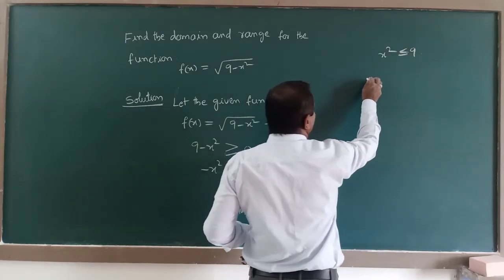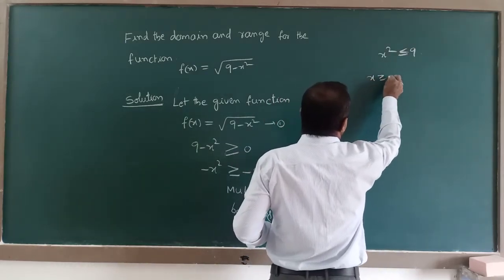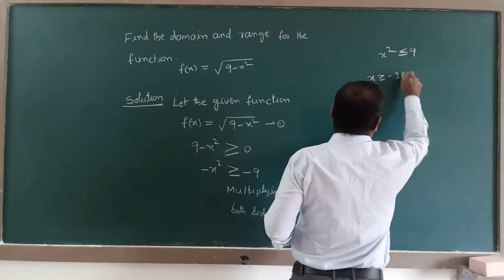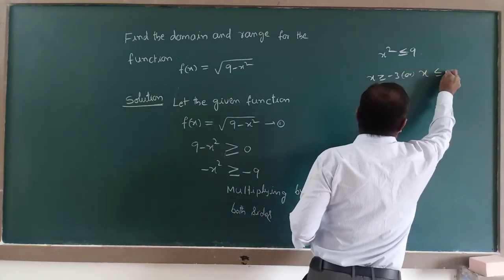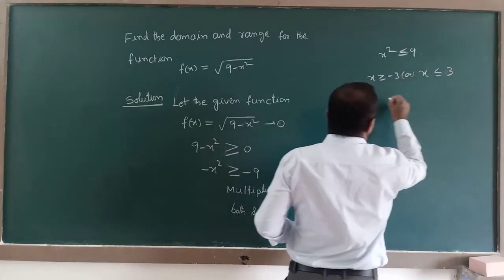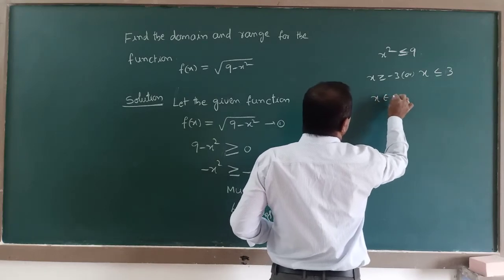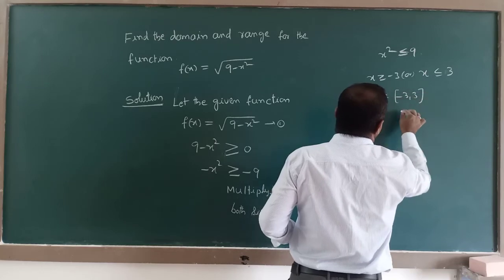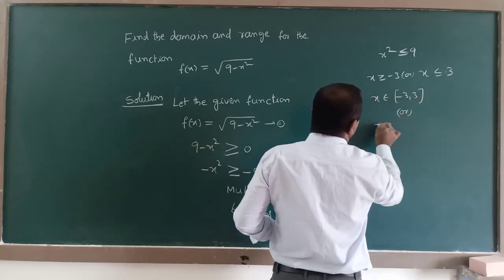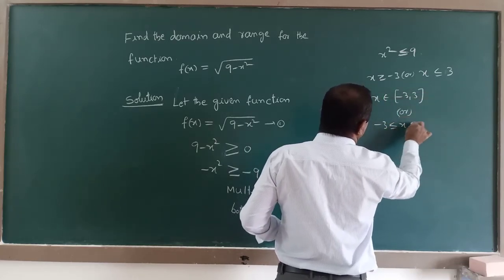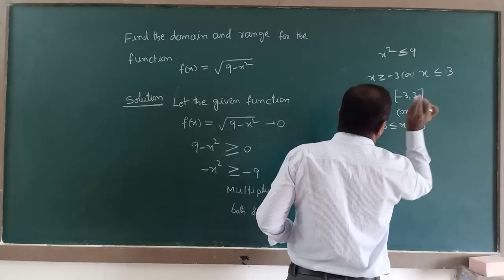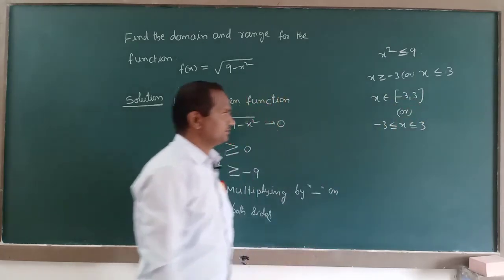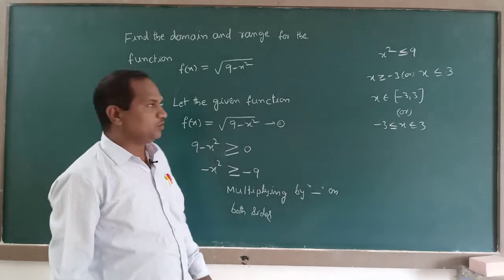That is, x is greater than or equal to minus 3 and x is less than or equal to plus 3. That's why x belongs to the closed interval minus 3 comma 3, or we can write this as minus 3 is less than or equal to x less than or equal to 3. It is the domain of this function.